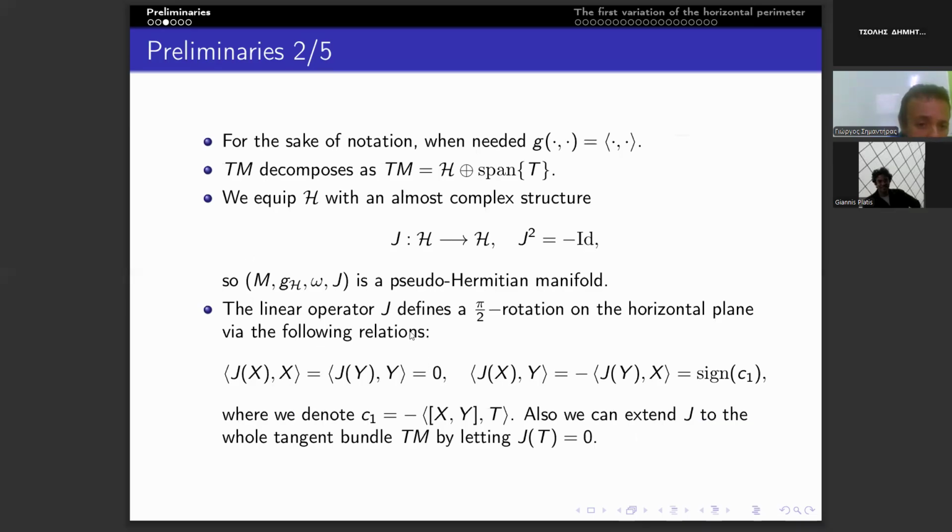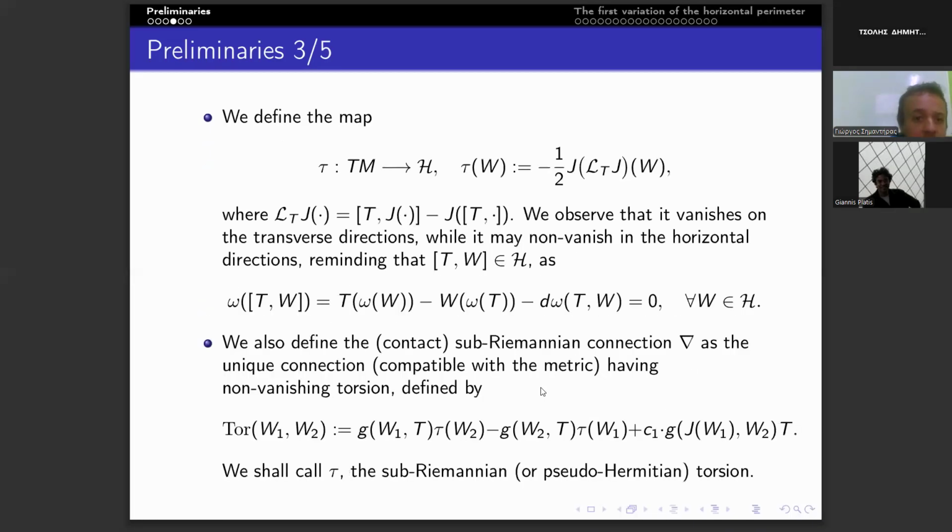Here is how the rotation acts on the basis, and we denote as C1 this quantity here, which is practically minus the inner product of the Lie bracket of X and Y with T. We can extend the almost complex structure J to the whole tangent bundle just by letting J(T) be 0 in the transverse direction. Then we define this map, tau, from the tangent bundle to the horizontal directions via this formula here.